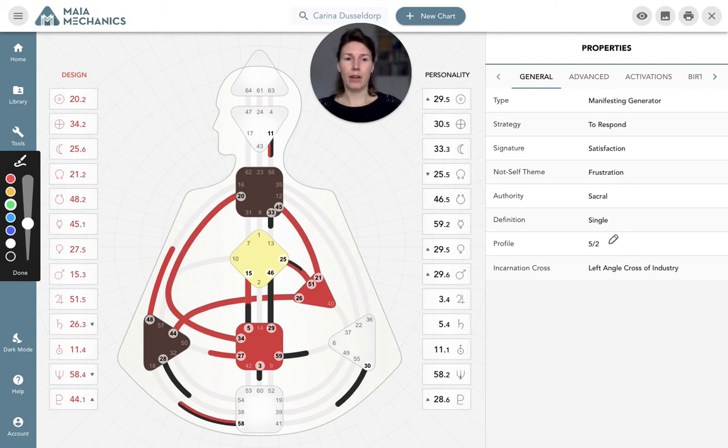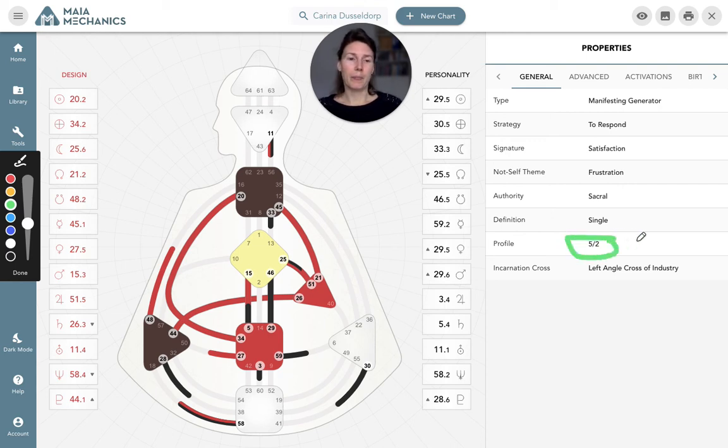And in total there are 6 lines. So it's 1, 2, 3, 4, 5, 6. And then there are different combinations. So you can be a 1-3 or 6-3 or 6-2 or 5-2 or 1-4 or 3-6, 3-5 and so on. And then there's 12 in total.